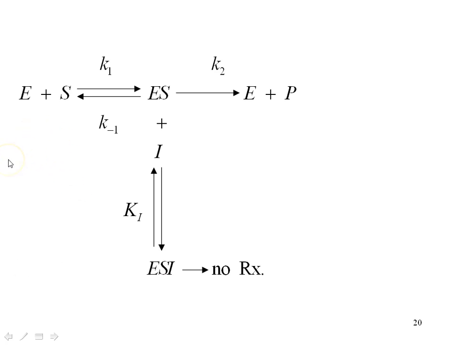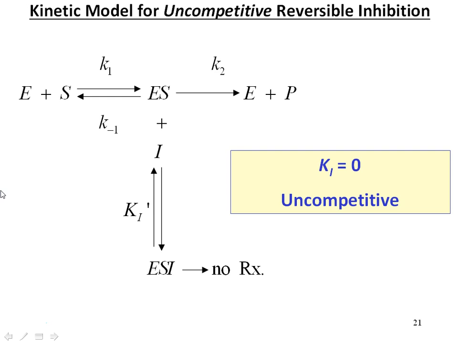And this is the uncompetitive type because there is no competition at all whatsoever. Basically, the inhibitor only binds the enzyme substrate complex. It cannot bind the free enzyme, and therefore this part has been deleted. So in the uncompetitive mode of inhibition, the Ki now is 0, but the Ki prime is finite. And once you form the enzyme substrate inhibitor complex, there is no reaction.